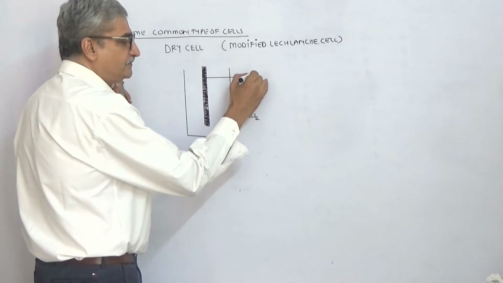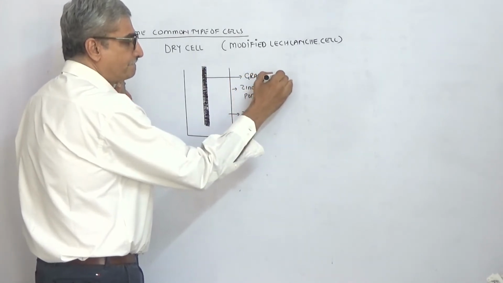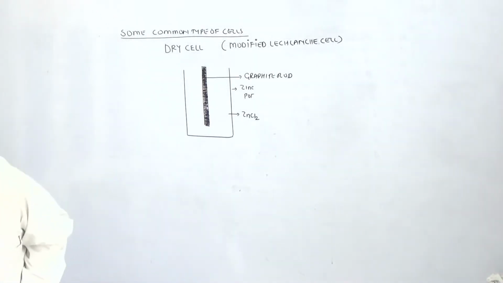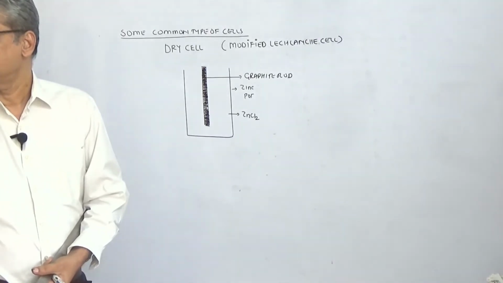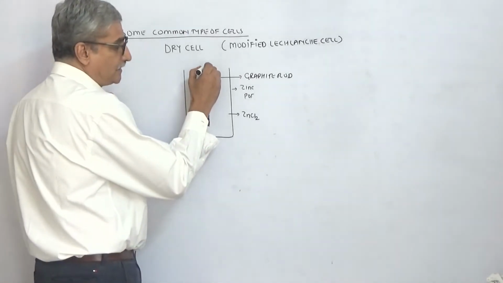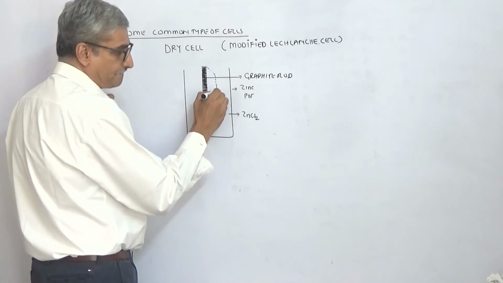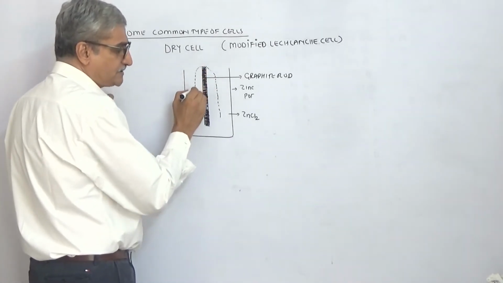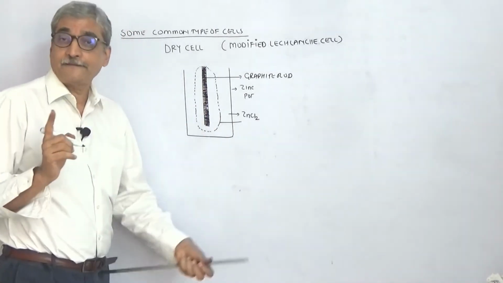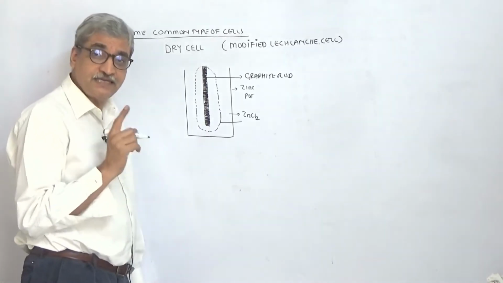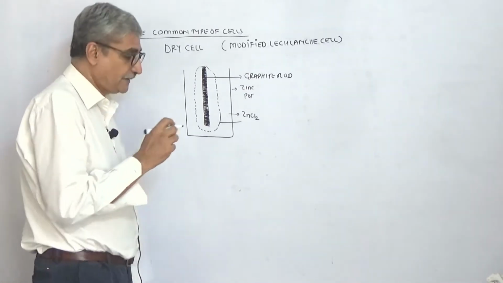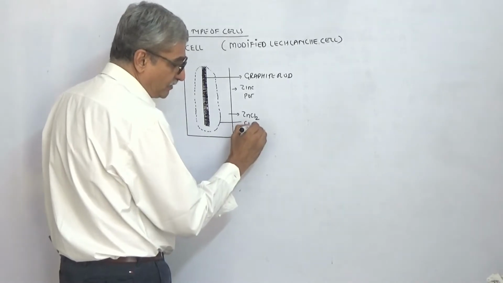The graphite rod is surrounded by a cloth bag. So the dry cell does not have a tube, a direct connection. It consists of a cloth bag.